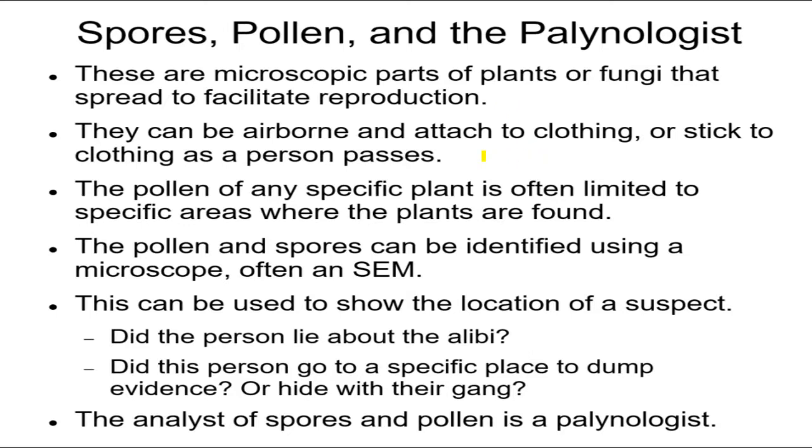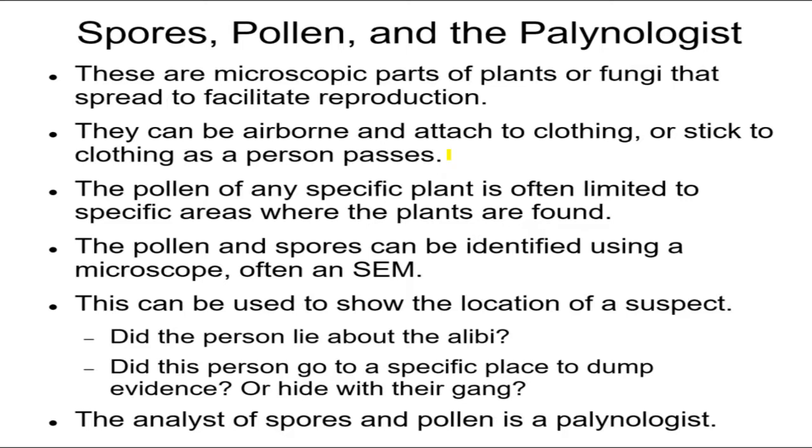So if we have a suspect's clothing and we see pollen there, we can actually find out where he was for many different reasons. Like he claims he was indoors all day, and we noticed that he's got pollen from heather on his shirt, and we're going to start asking, hey, wait a minute, if you were indoors, where did this come from? So we can catch him in a lie.